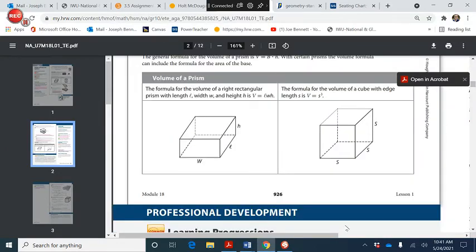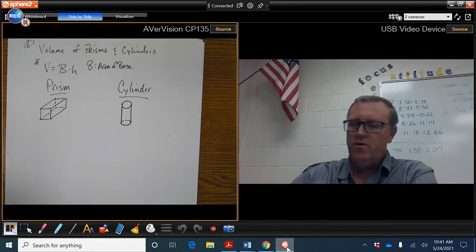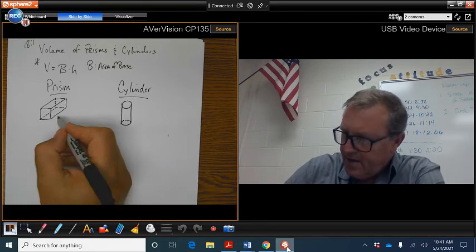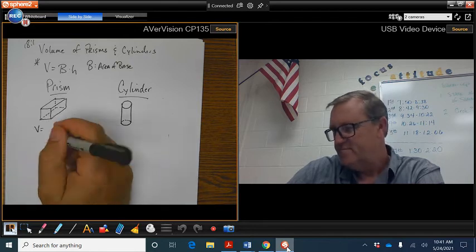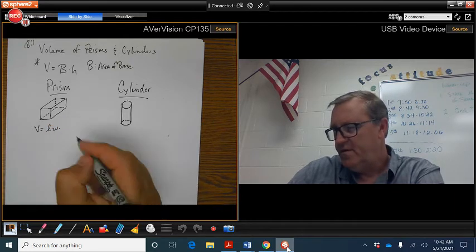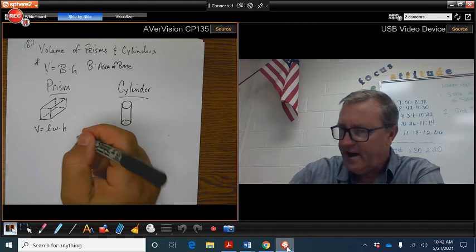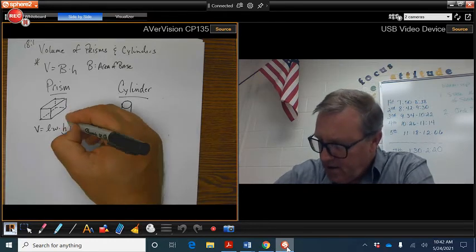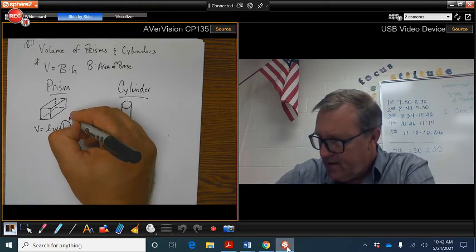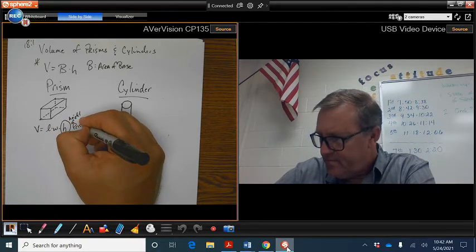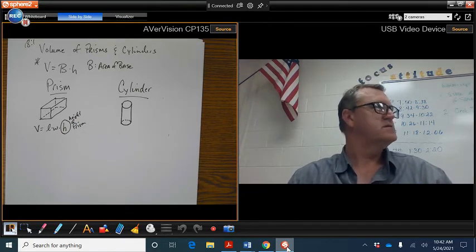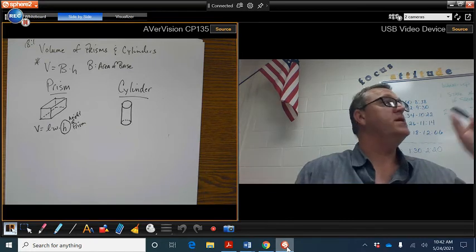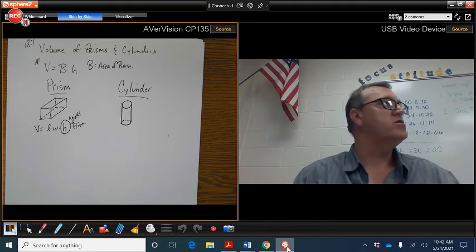So this would be the area of the base, length times width, and then we multiply it by the height. Now remember, the height here is the height of the prism. It's not the height of the base. You got to make sure you keep that straight, especially when we talk about a triangular prism.